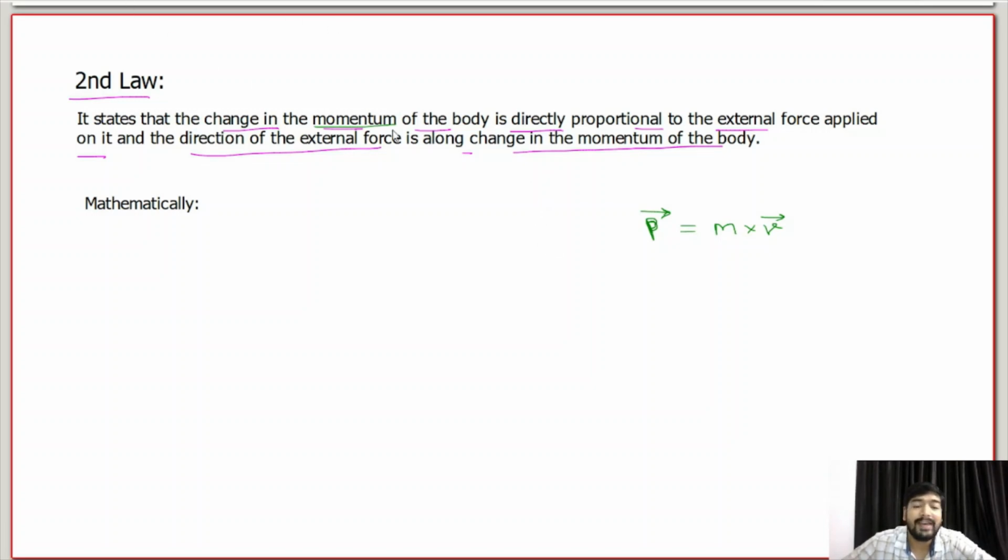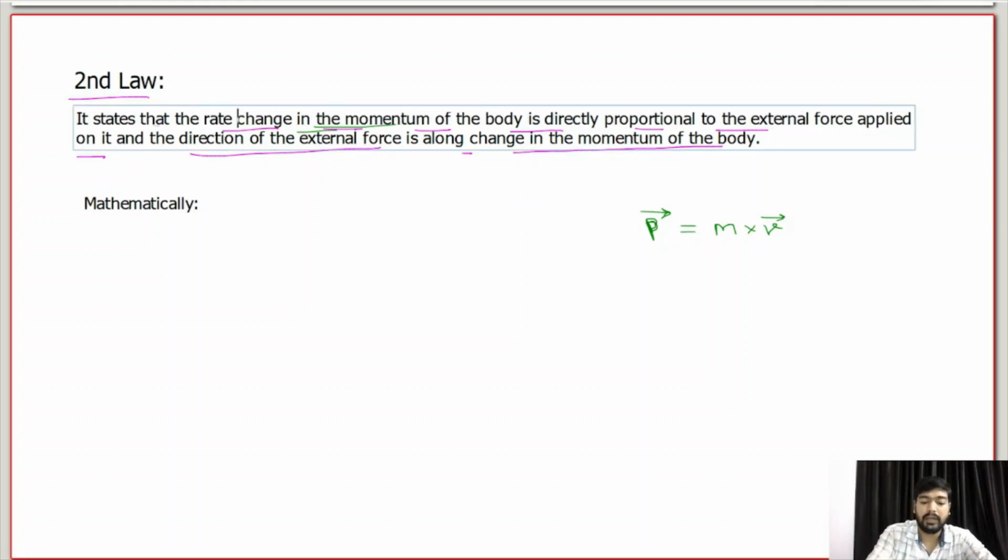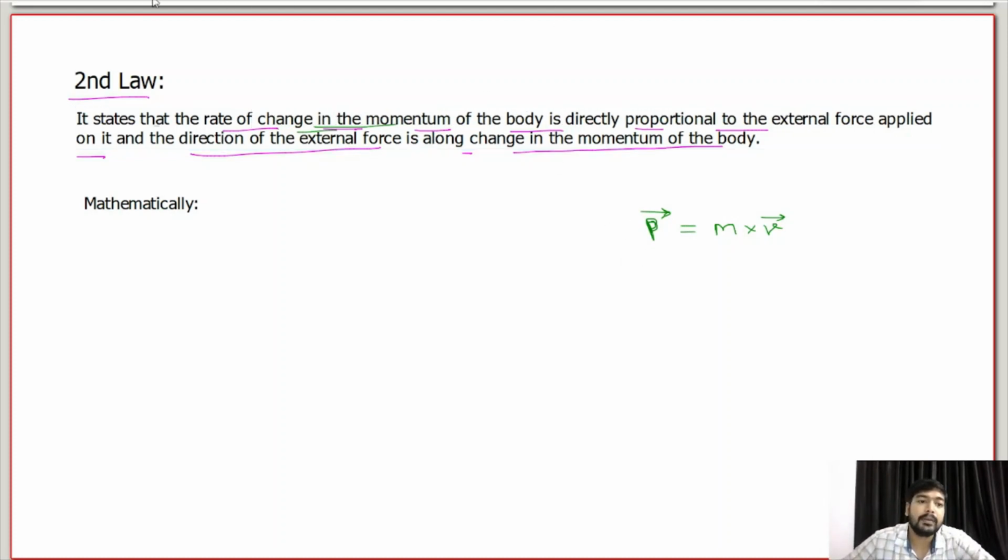Whenever there is a rate of change in momentum of the body, what is the mathematical interpretation of this? That means the rate of change in momentum of the body is directly proportional to the external force applied. If we remove the proportionality constant, it equals the external force.